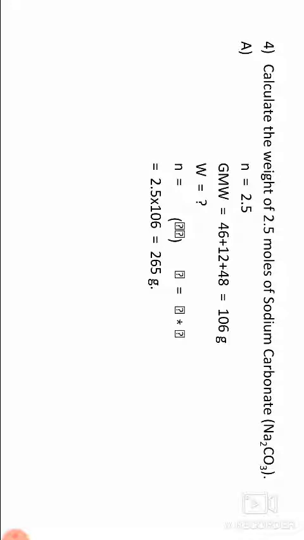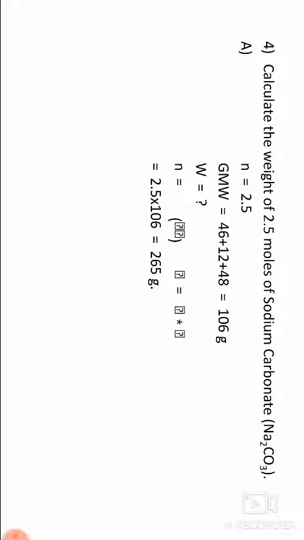This 1000 is taken in the formula to give the volume in ml. For example, if 250 ml, 400 ml or 500 ml is given, use this formula. If the volume is given in liters, such as 1 liter, 2 liters or 5 liters, in problems where the salt is dissolved, use the first formula, 1 by volume in liters.